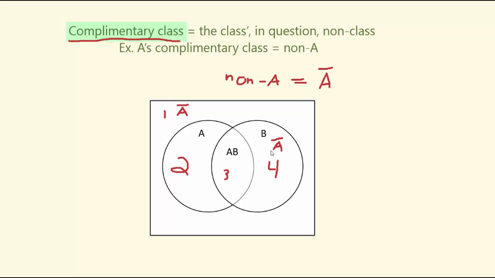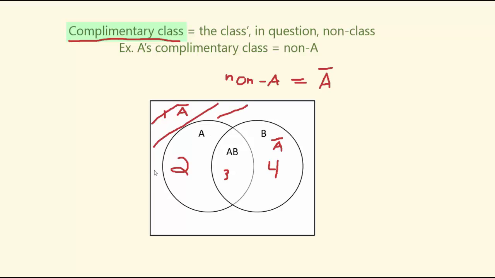So if I said that all non-A's are B's, then the only place where we can have non-A's that are B's is 4. And since all of our non-A's are B's, that means I would have to get rid of 1.